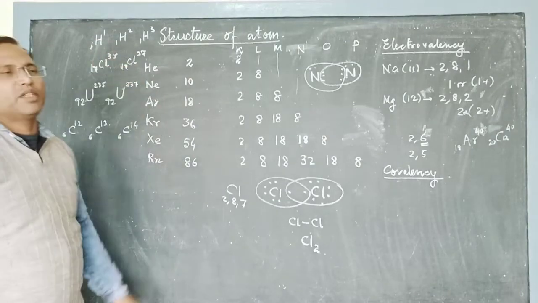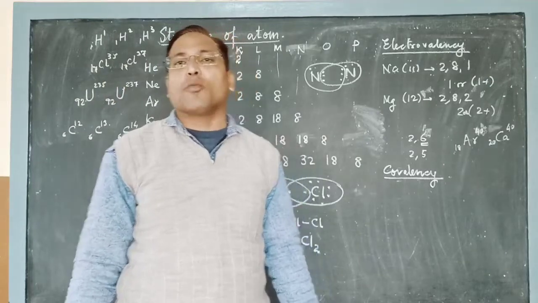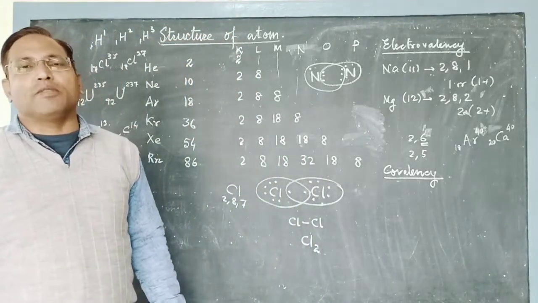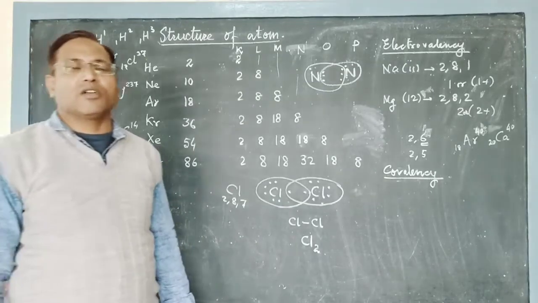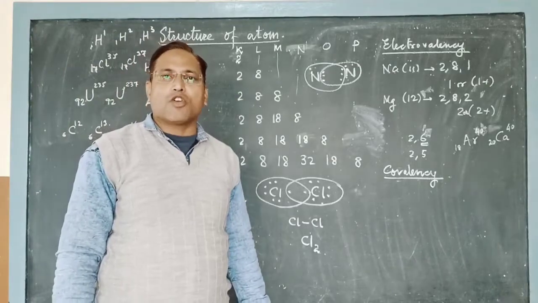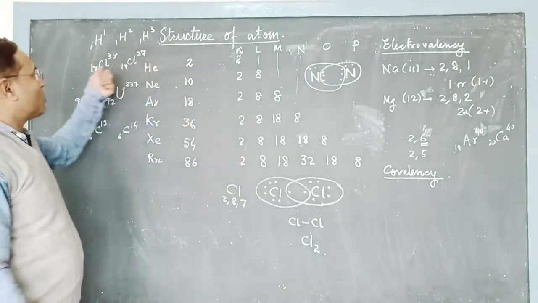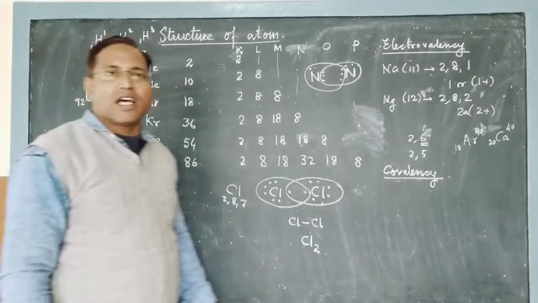Why? Because their atomic number is the same, and the chemical property of an atom is dependent on its atomic number, not on the mass number. So their chemical properties are the same because the isotopes have the same atomic number.